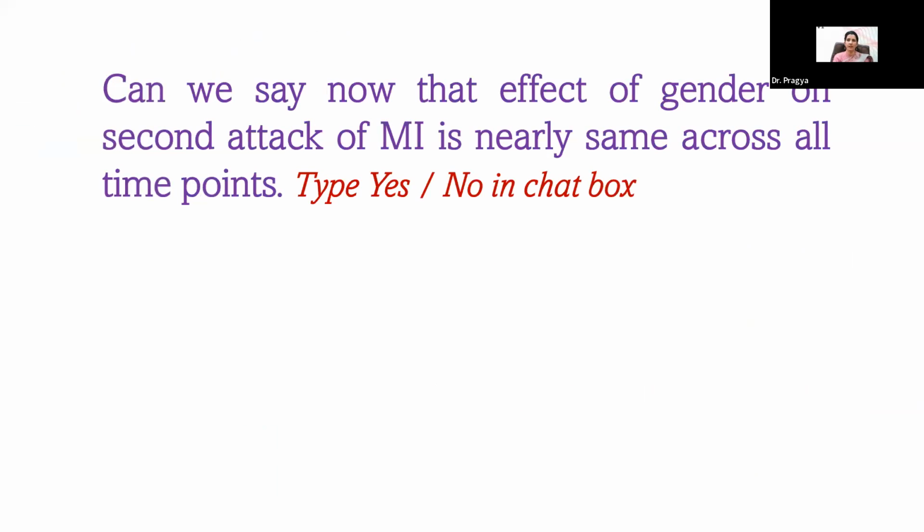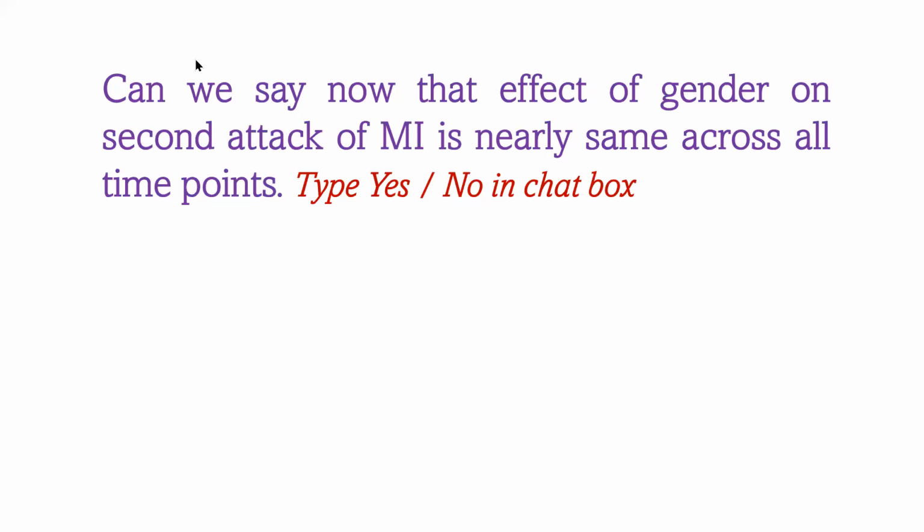So now what can we say? We can say that the effect of gender on second attack of MI is nearly same across all time points. Can I say that? Yes and no, so there are mixed responses.